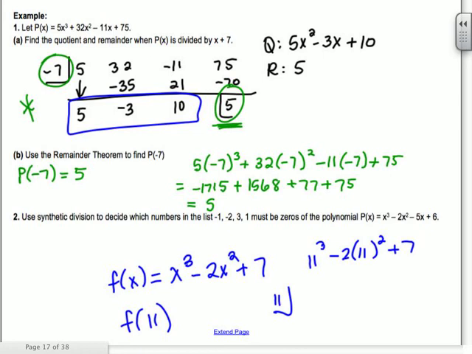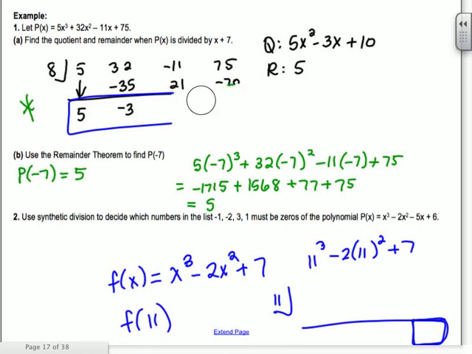Or you could do synthetic division with 11 and whatever your remainder is, so it's not always going to be 5. For number 1 though, we got 5, that's the remainder. If we try another number, you're not going to get the same remainder. So let's say we try like 8. Is that what you're saying?